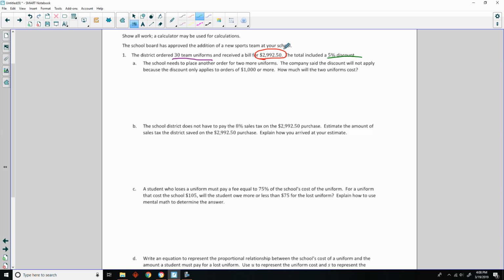So this is only 95% of the original cost. So I'm going to write the equation from a couple lessons ago: quantity equals percent times a whole. The quantity is 2,992.50.